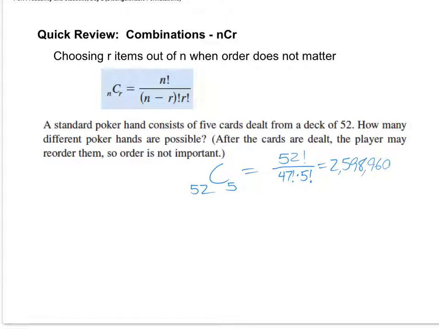You have a 1 in 2,598,960 chance of getting this hand, or this hand, or this hand, okay? All of them have an equal probability off of the first 5 cards.